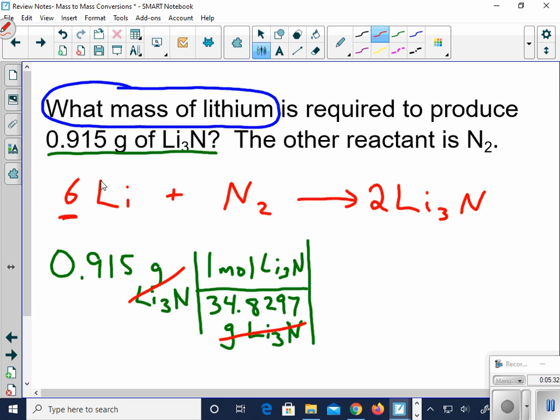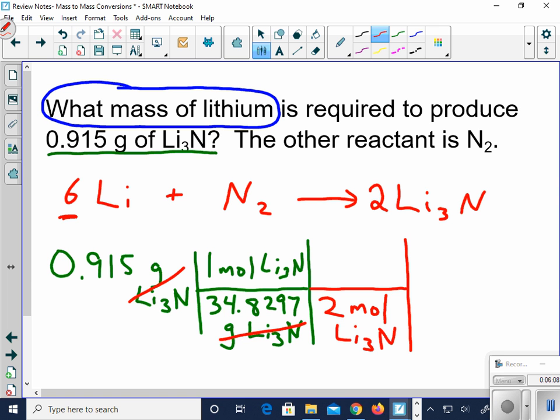Now, my next step is to convert from moles of my known to moles of my unknown using my molar ratio. So here's where that molar ratio comes into play. I'm going to extend my conversion box again. On the top here I have lithium nitride, so I'm going to put 2 mole of lithium nitride on the bottom there because I want it to cancel.